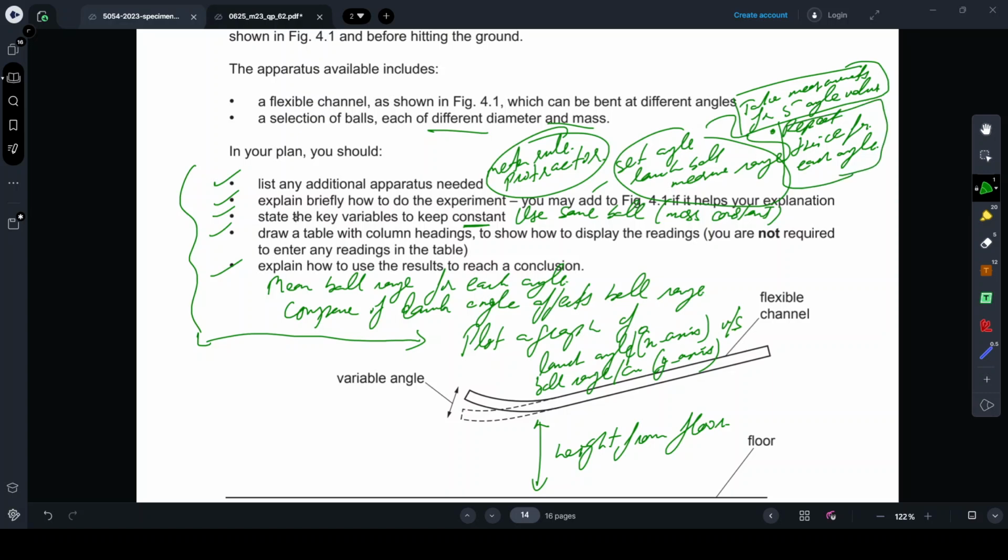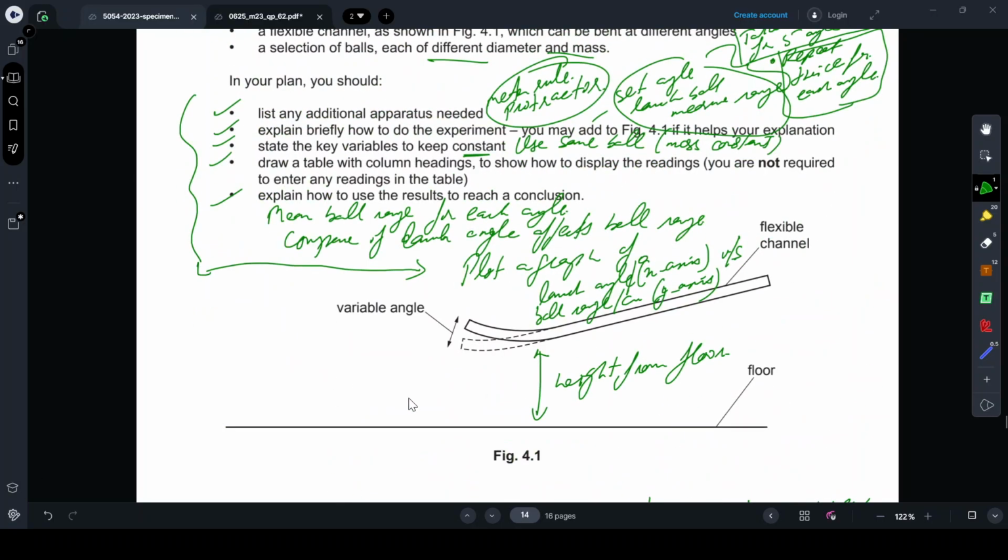They're not going to mention this in your instructions, but that's what you need to do. Always remember that. Always mention what you're going to keep constant. Even if they're not asking you, draw a table, and always mention how you are going to use the results to come to a conclusion.